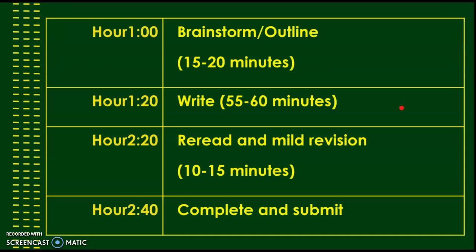If you were to do it in one day, you could use the 90-minute time management suggestion: spend 15, 20 minutes brainstorming and outlining, another 55 to 60 minutes writing, and then revision for 10 to 15 minutes, and then you would submit it. Depending on where you are and what you need, those are two ways you might approach planning for the final essay exam.